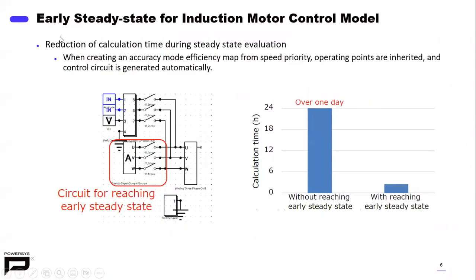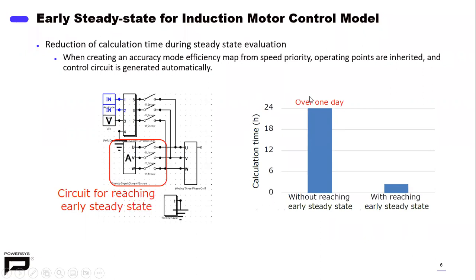Another enhancement is, especially for the induction motor, which usually takes more time to reach the steady state. In version 22.0, when we convert from speed priority mode to accuracy priority mode for the induction motor efficiency mapping, a circuit for reaching early steady state is automatically populated.